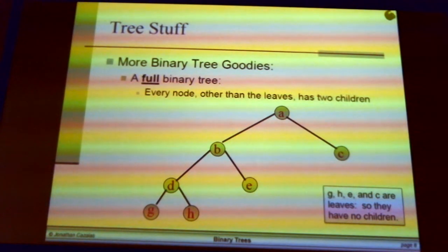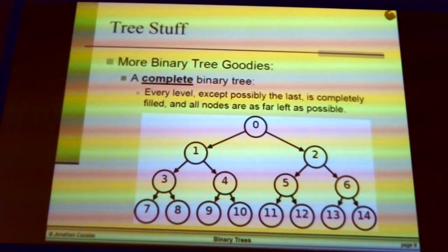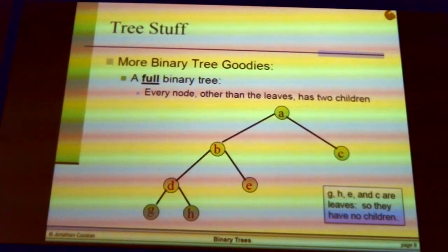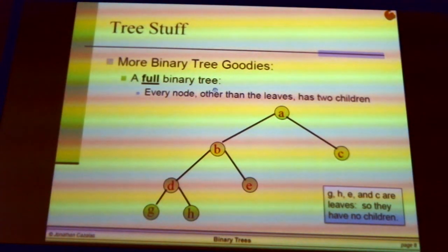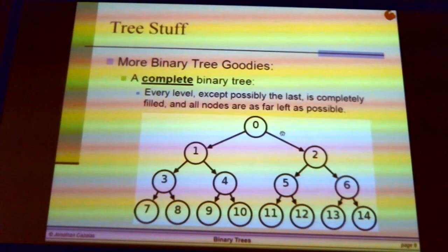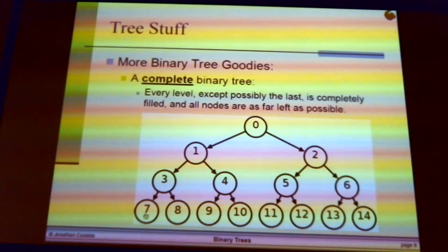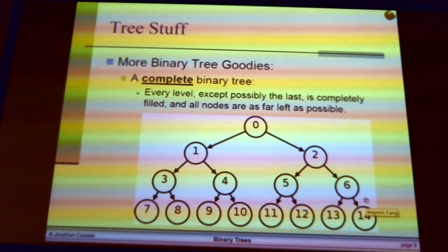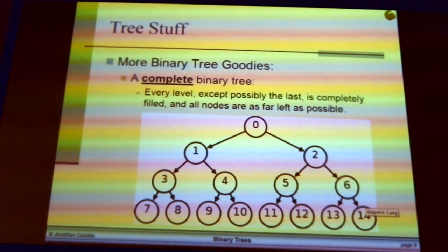Okay, so here, look at the difference between the 2. This is a complete tree. This is a full tree. A full tree says that each node, except for its leaves, has 2 children. When it comes to a complete tree, every level, and we'll look at another image here that talks about the level, every level, except the last one, is completely filled.